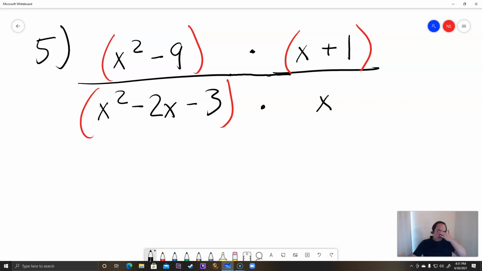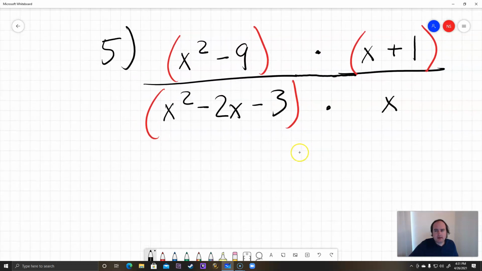Now the hard thing about this problem is all the factoring we have to do. So top left, because this is a binomial, it has two terms. The way you factor something with two terms, when you have a square minus another square, is the difference of squares.